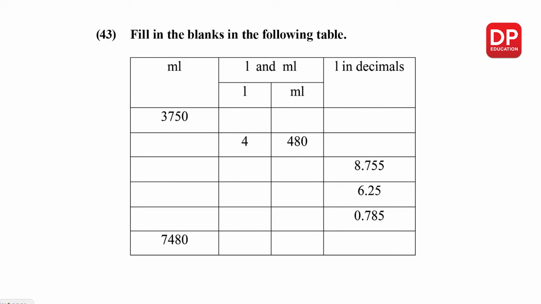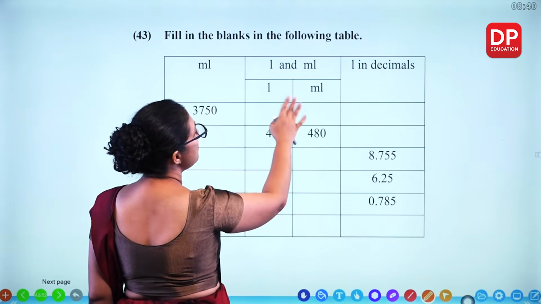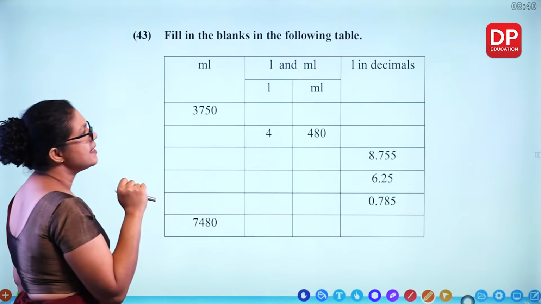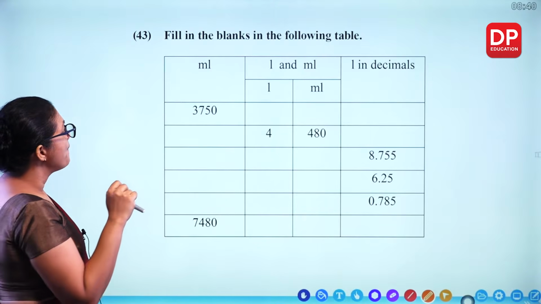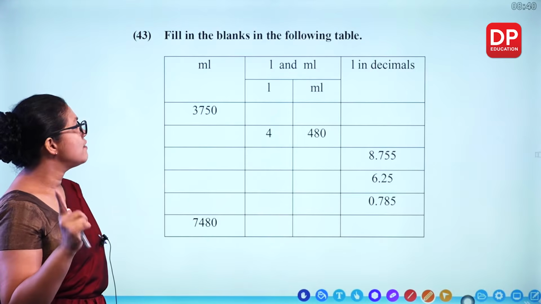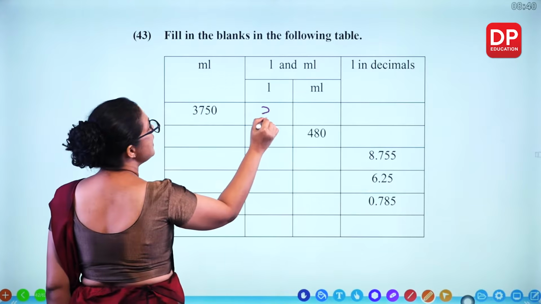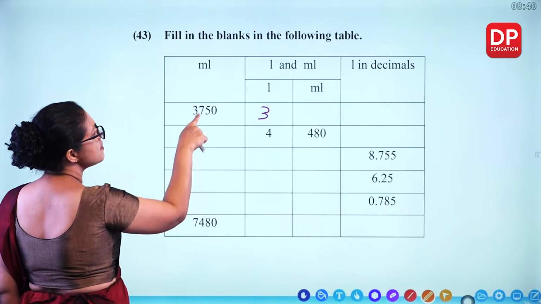Fill in the blanks in the following table. Milliliter value, here liter and milliliter and liters in decimal. Okay. So milliliters, how you convert to liters? Divide by 1000. So you get 3 liters and the remaining part is milliliters.